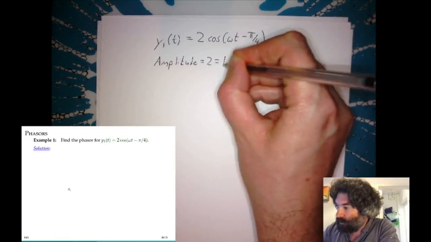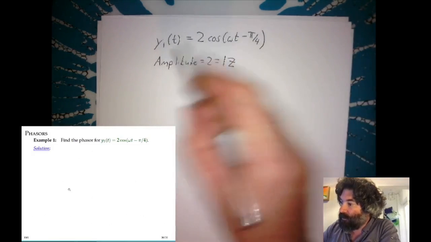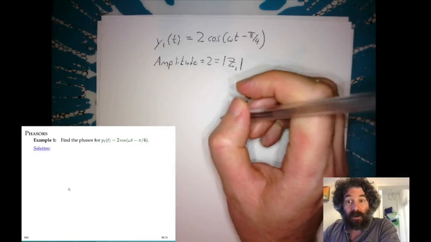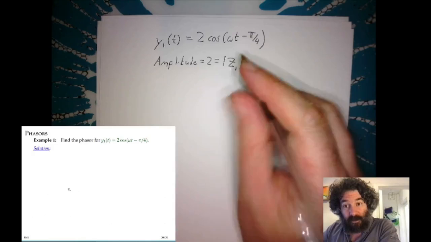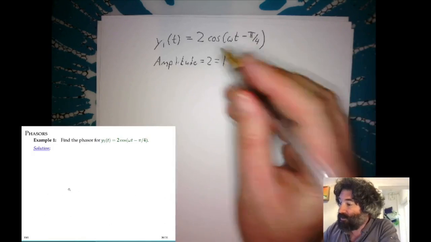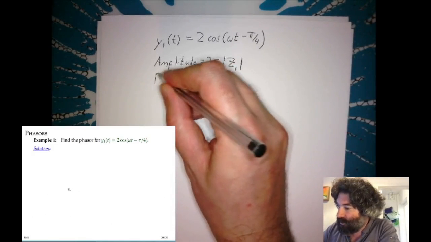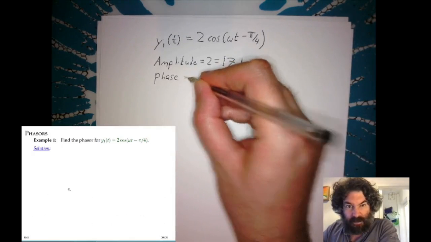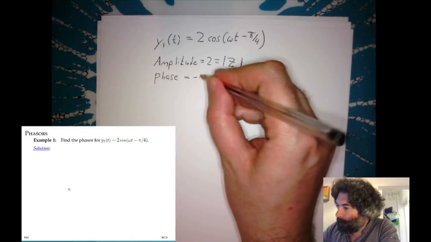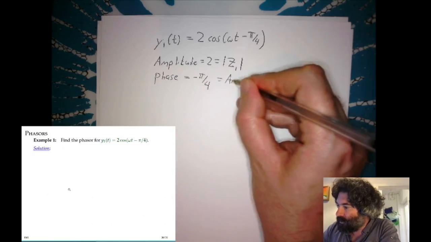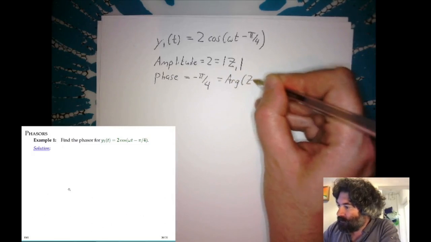And that equals the modulus of the phasor. I'll label it Z1, corresponding with Y1. And the argument of the phasor is equal to the phase of the sinusoidal function. So the phase here is equal to negative pi over 4, and that is the argument of the phasor.